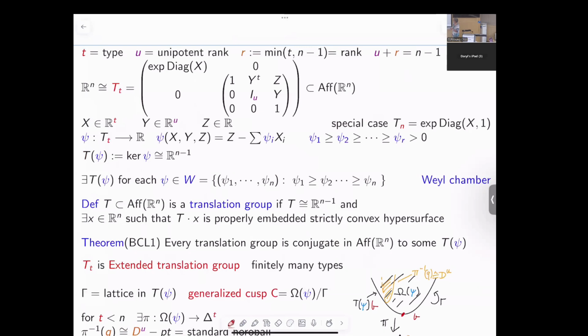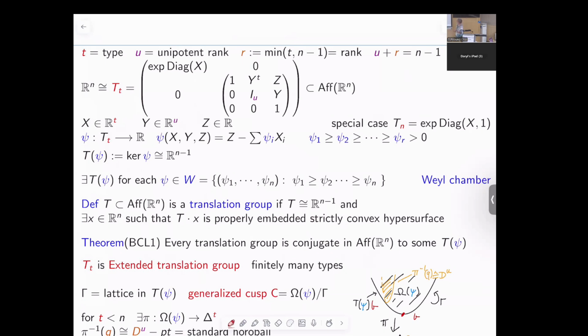At the other extreme, this block might not be here, and then you've got a diagonal subgroup where it's an arbitrary diagonal subgroup. The entries on the diagonal are positive because it's the exponential of something, and there's a 1 in the bottom right corner. So these are called extended translation groups.